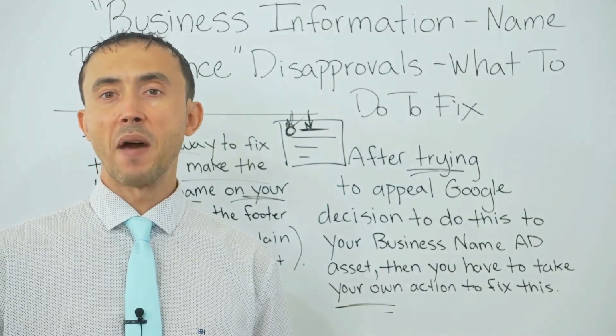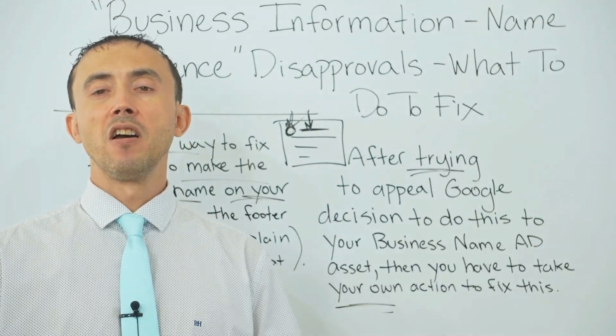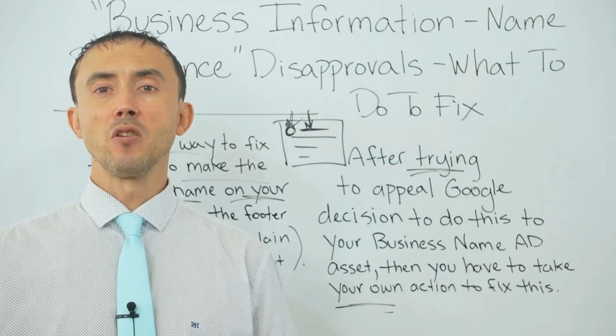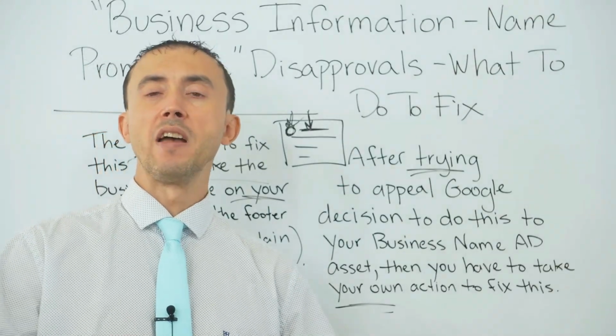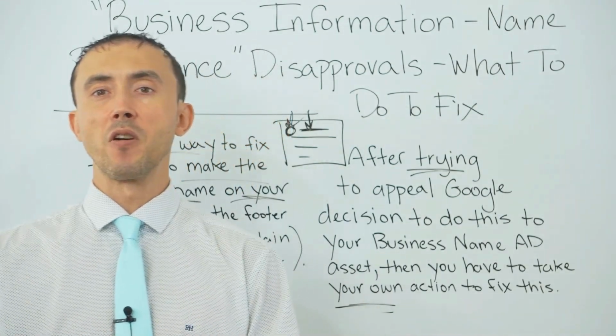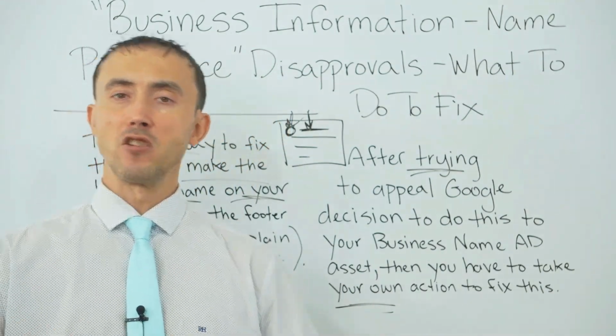It's going to be the bot going back to the site, checking it out, and if it's not there, failed automatically. If it is there and then you still get disapproved, that's the time to go to support. But from what I've seen, this is basically a cure-all. Business name ad asset in the footer of the page. Submit for your appeal, and then you should be approved again.